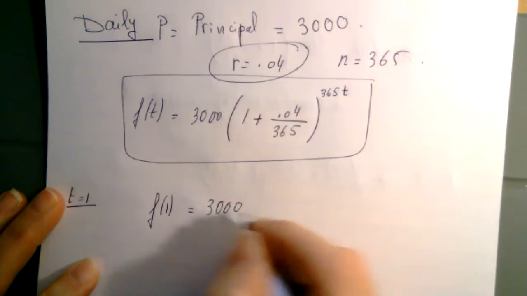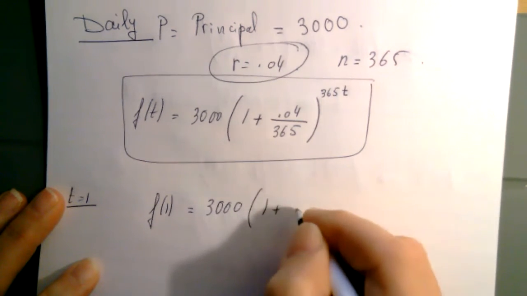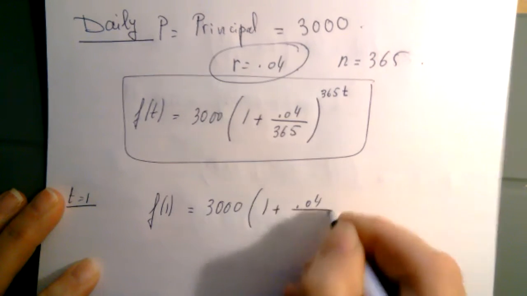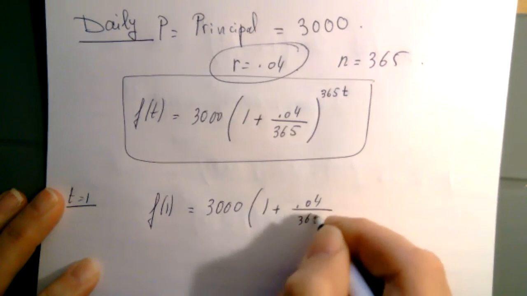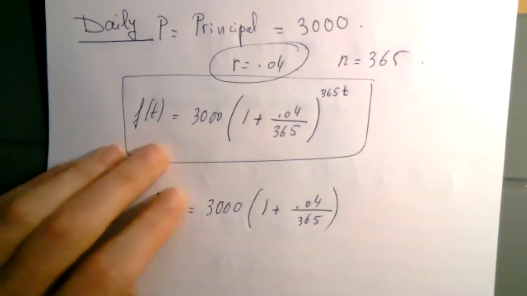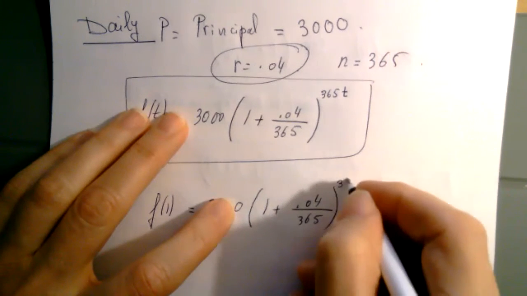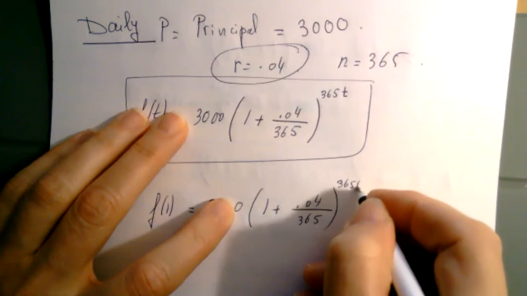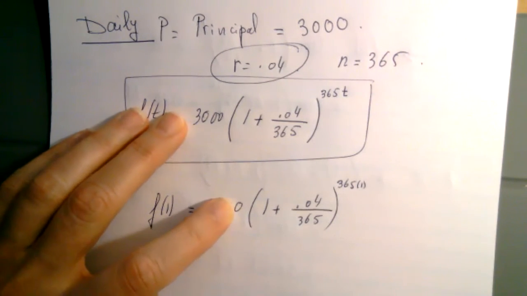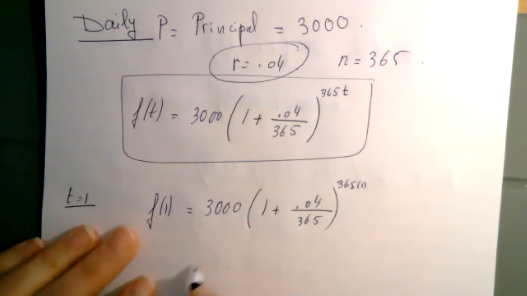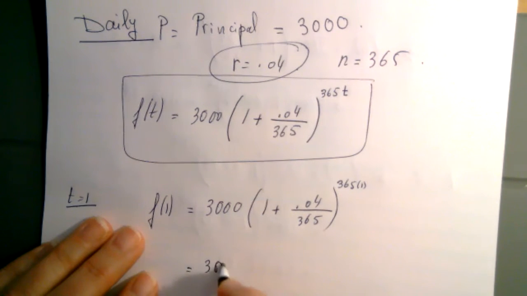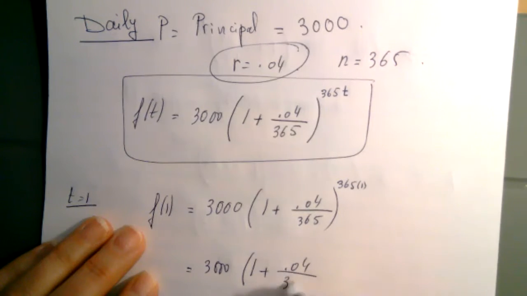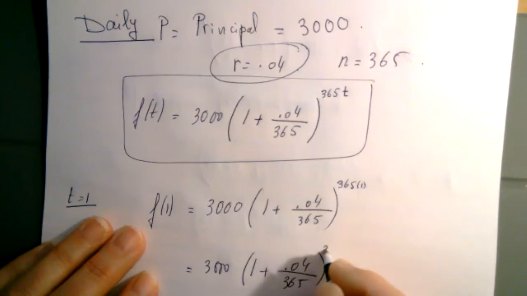We'll accumulate 3,000 times 1 plus 0.04 over 365, raised to the power 365. Basically, you multiply the exponent by 1, which is the same thing as 3,000 times 1 plus 0.04 over 365 to the power 365.